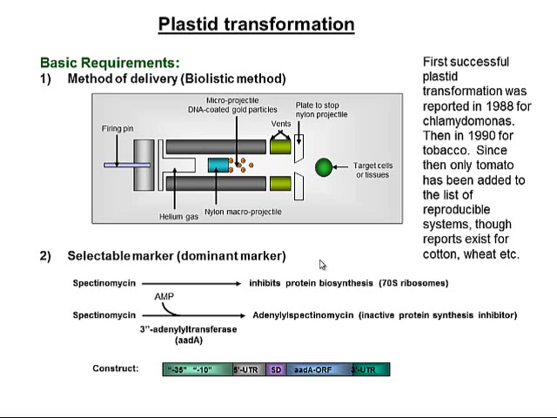Now, it's not a very effective way of actually producing resistance. The first reason is that it only acts on the site of action. So it's not doing anything about detoxifying the spectinomycin. It's just acting at the site of action on the 16S ribosomal RNA subunit. The other problem is you get lots of escapes.